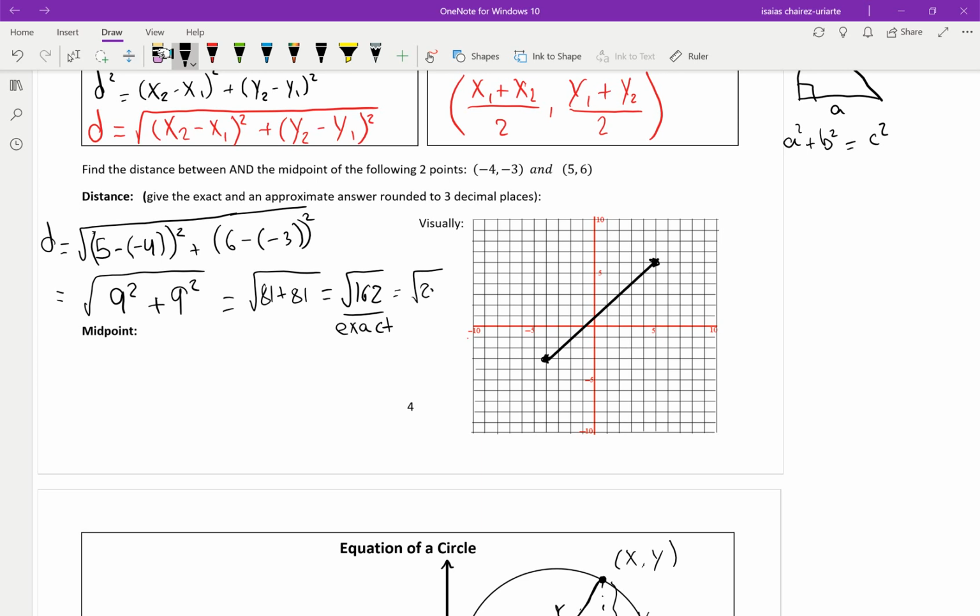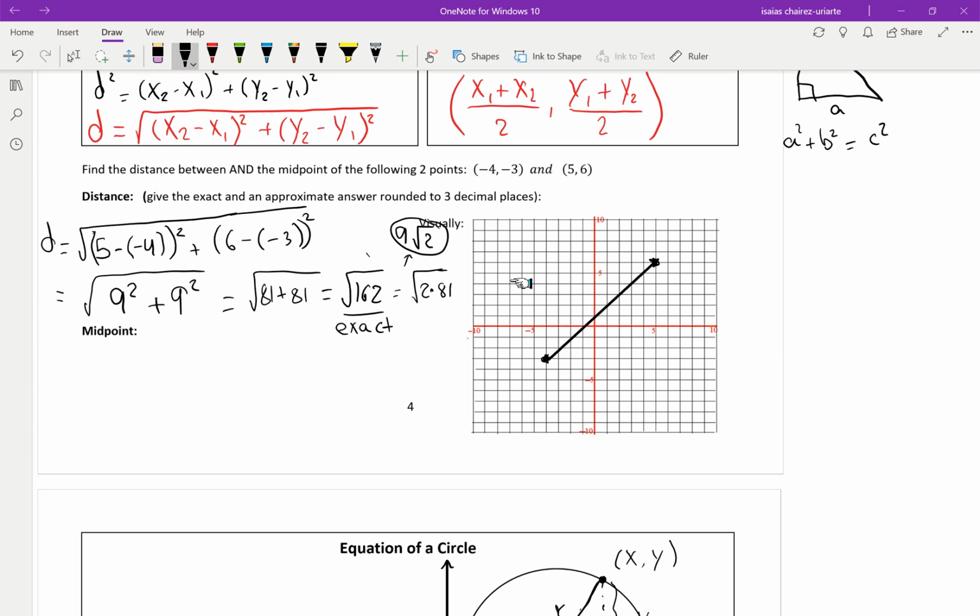And then what ends up happening is that the 81 is a perfect square. So you can bring it outside of the radical and it becomes a 9. So this becomes 9 root 2.